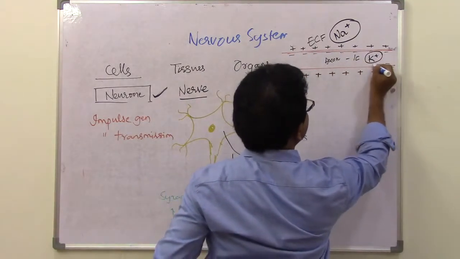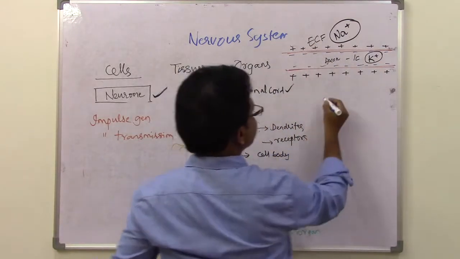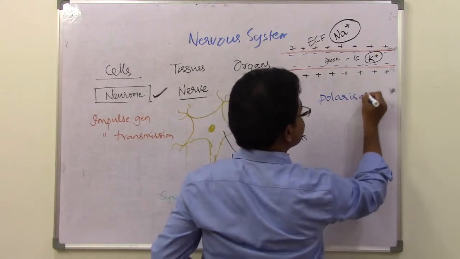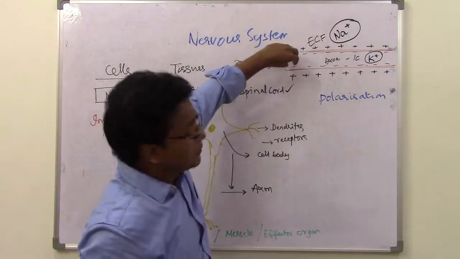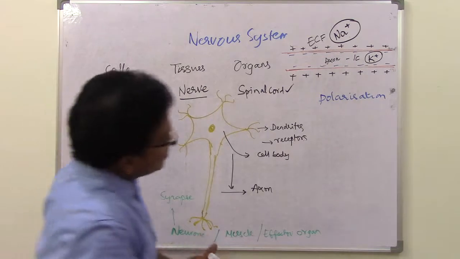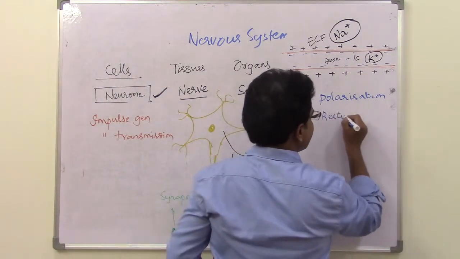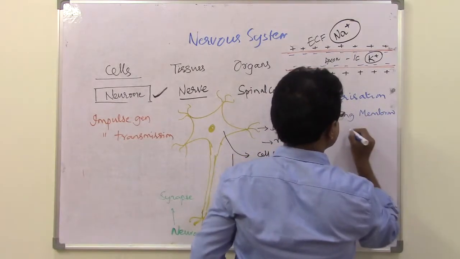Now what do we call this condition? This condition is known as polarization. Charges are distributed differently from inside when compared to the outside. This is called polarization. It is also known as resting membrane potential.